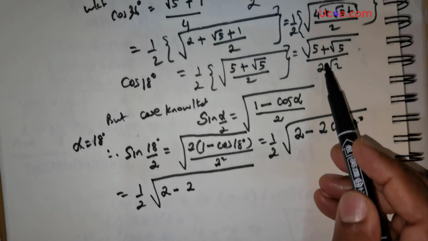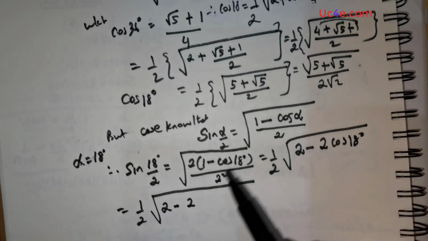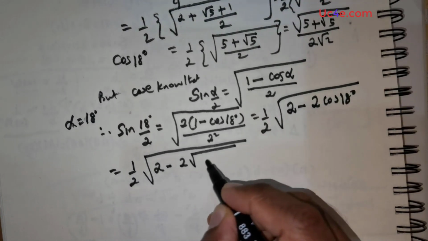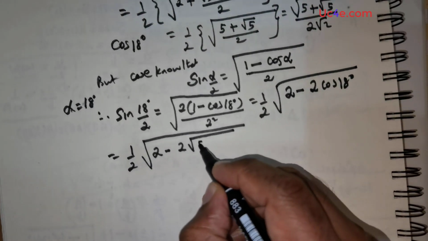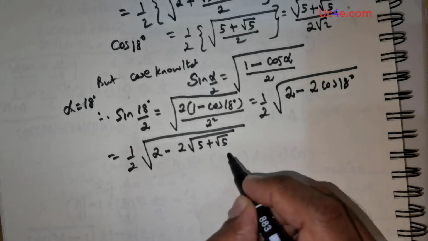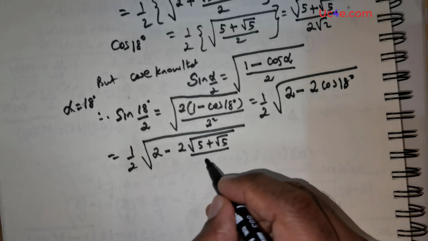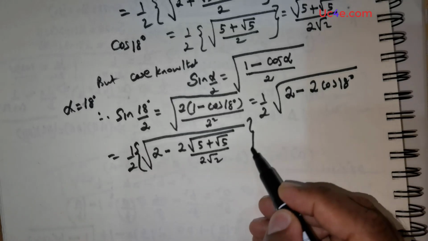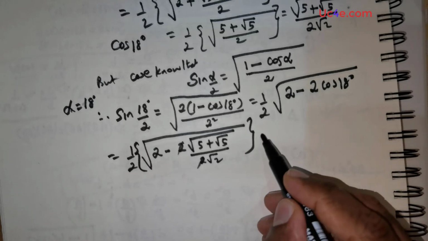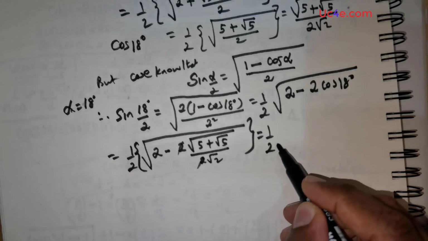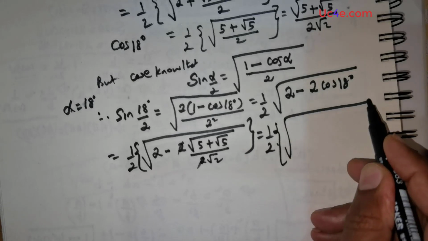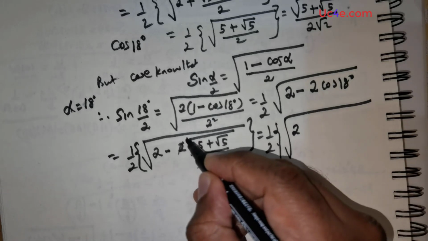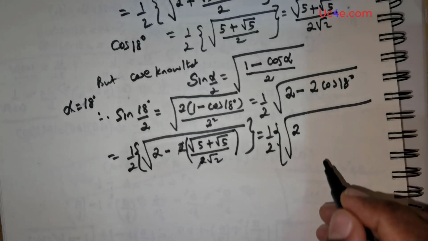We have to substitute this entire value, right? So let me do that. That's going to be root of 5 plus root 5 divided by 2 times root 2. Now clearly the 2 and the 2 can be cancelled, so you get 1 over 2 square root of 2. This is actually a negative sign, so probably we can place a parenthesis there.